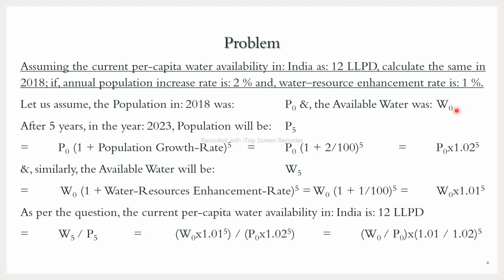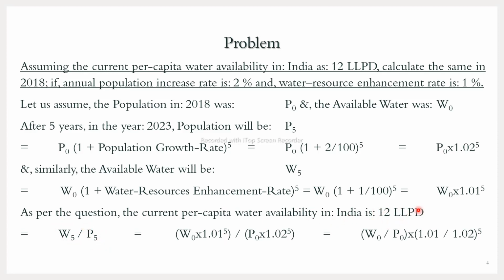If total availability of water is W0 and population is P0, then per capita will be W0 by P0 at the year 2018. Similarly, at 2023, it will be the water available in 2023 divided by the population of 2023, so it will be W5 divided by P5.